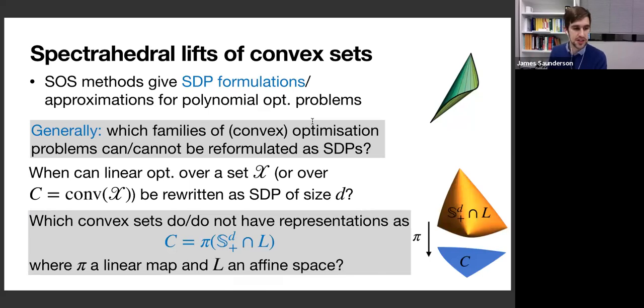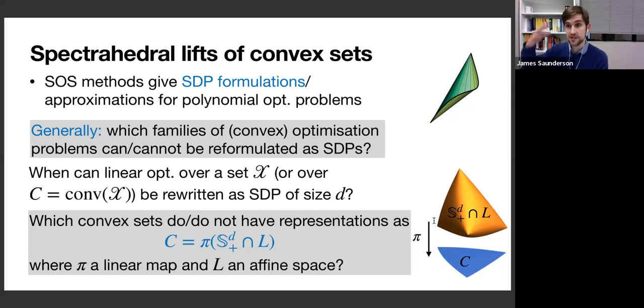So what's the formalism of this question? Well, you say, for which convex set C can I write it as the projection of a spectrahedron, so the feasible region of a semi-definite program? The reason projection is allowed is that if I were optimizing a linear functional over this feasible region here, then I could lift the linear functional upstairs and optimize it upstairs instead, and that would still solve my original problem.